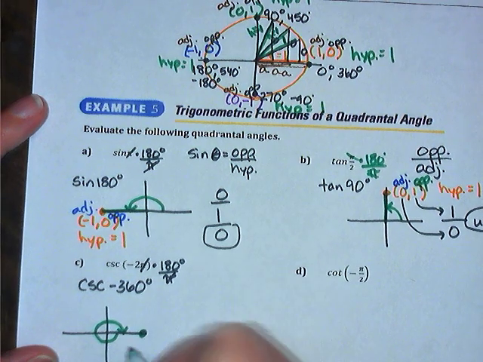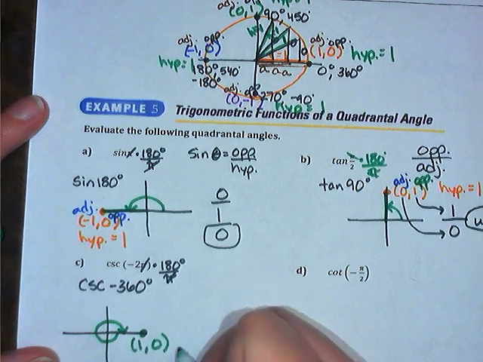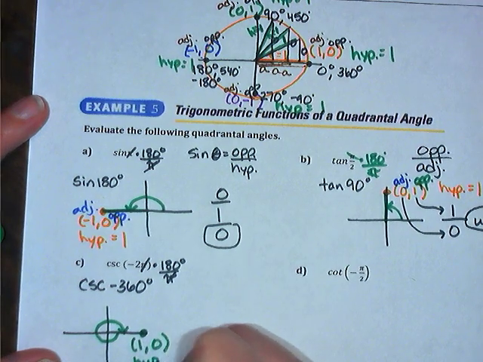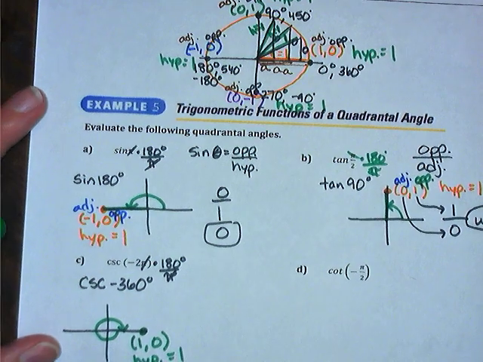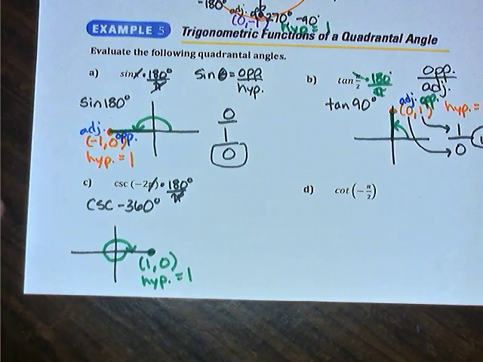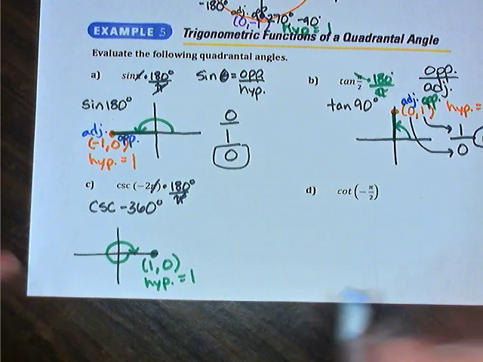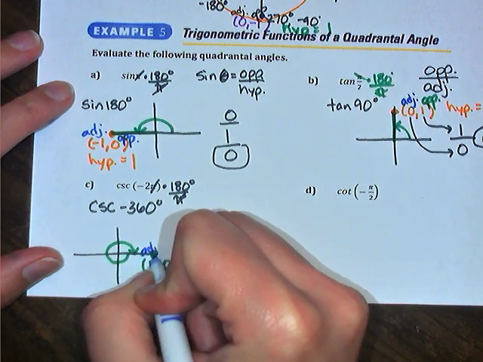And your point there is positive 1, 0. Remember, the hypotenuse for all of the quadrantal angles is 1. X value, adjacent, always adjacent.